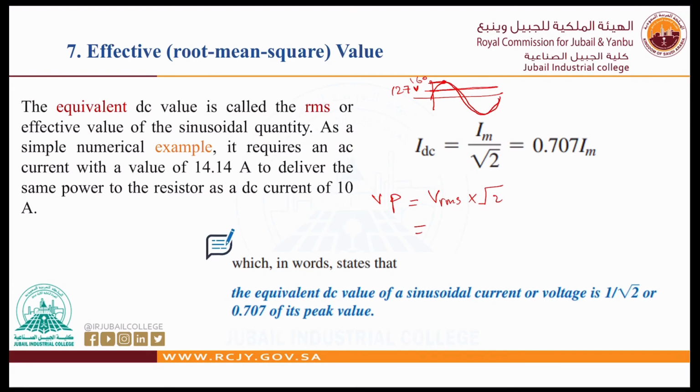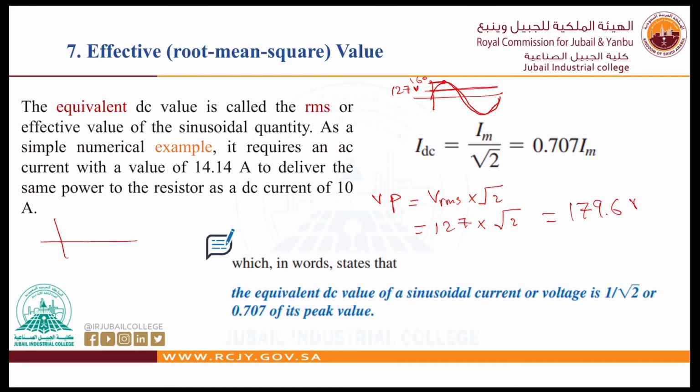In the next slide you will see the same as this one. The VRMS is 127 multiplied by root 2, which is 179.6 volt.